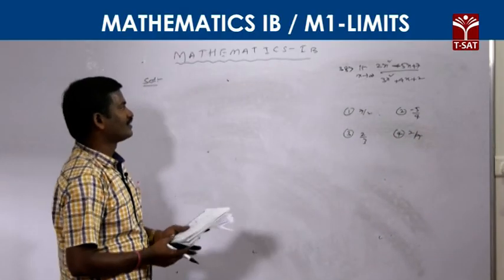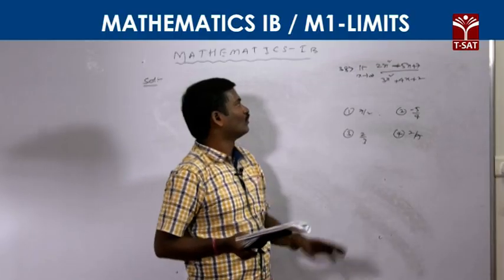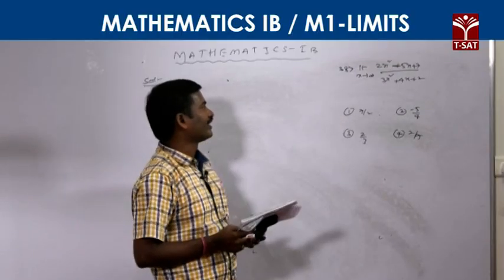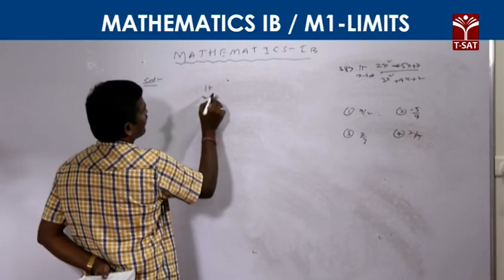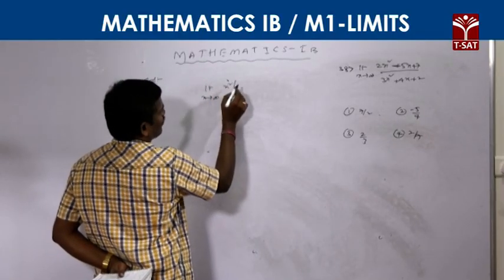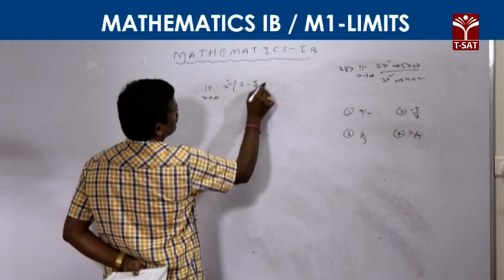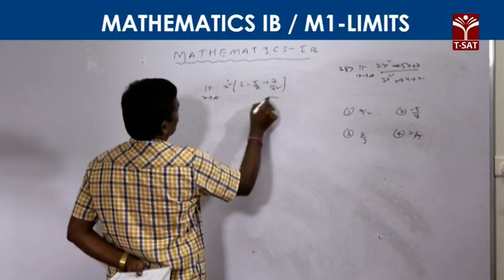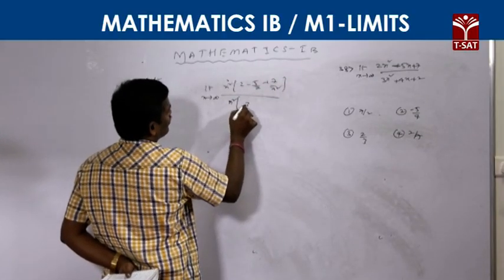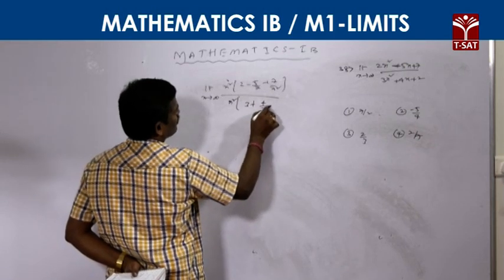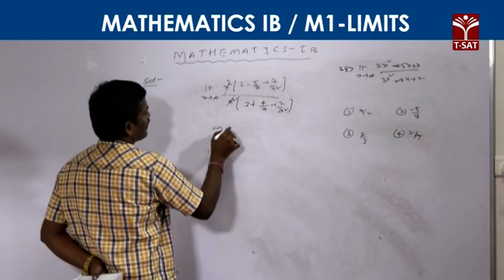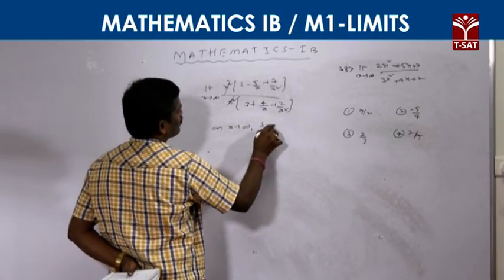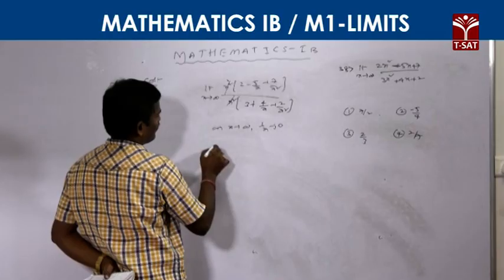Here we have equal degree functions in both the numerator and denominator. So take x square common in the numerator and x square common in the denominator, limit x tends to infinity. So x square common in the numerator: 2 minus 5 by x plus 7 by x square; in the denominator: 3 plus 4 by x plus 2 by x square. So x square cancels. As x approaches infinity, 1 by x tends to 0. So that is nothing but what?